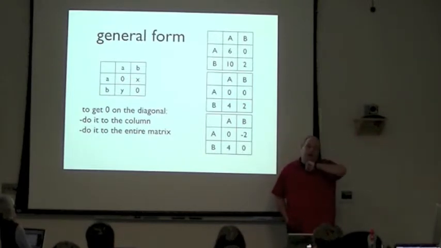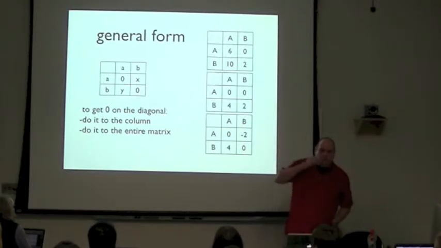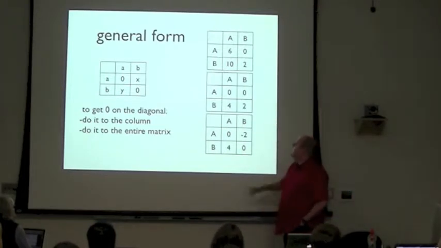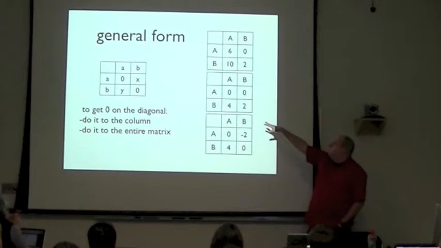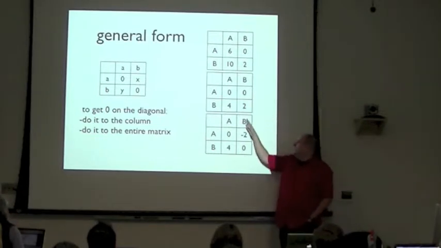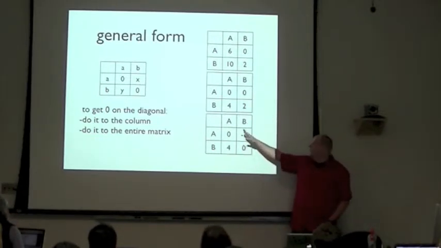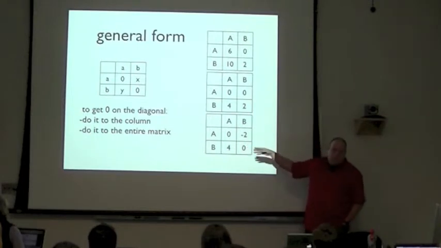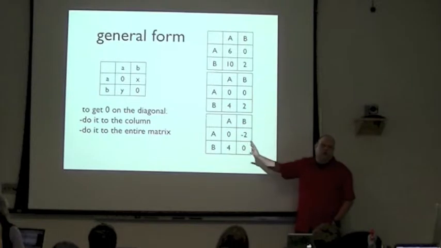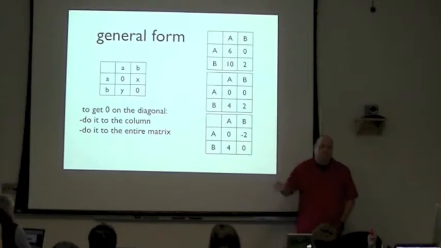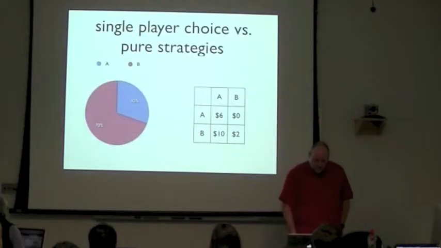You can do that by applying mathematical operations on the entire matrix or on one column. On the right, you see that I first applied a -6 on the left column, and then I applied a -2 on the right column, and then suddenly I arrive at a matrix that has zeros on the diagonal. We always form all these matrices in such a way that we have zeros on the diagonals, because then they become comparable to other matrices.